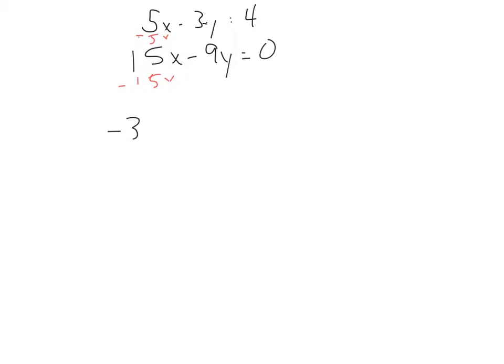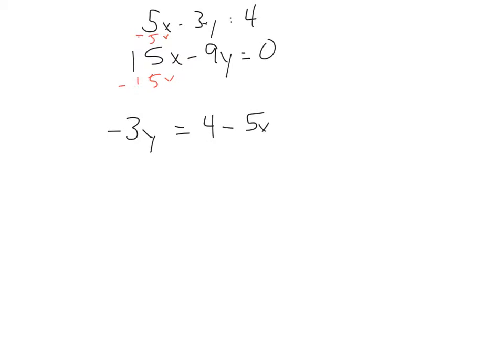I need to move the 5x by subtraction to the other side, and I'll do the 15x at the same time. So now in equation 1, I am left with -3y equals 4 minus 5x.